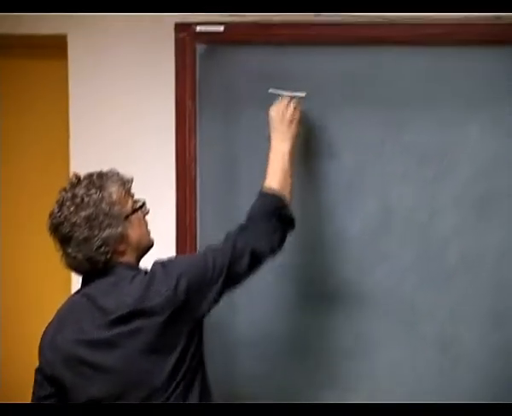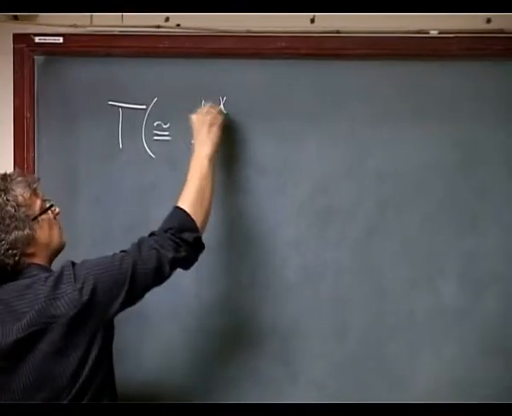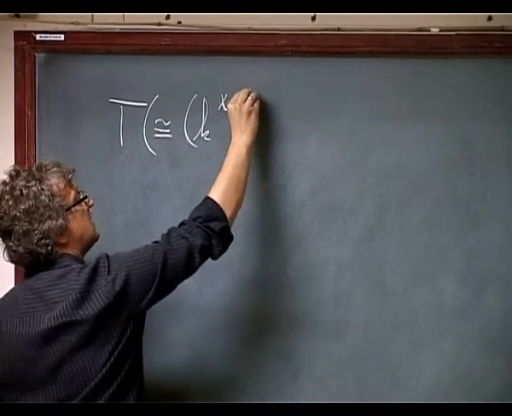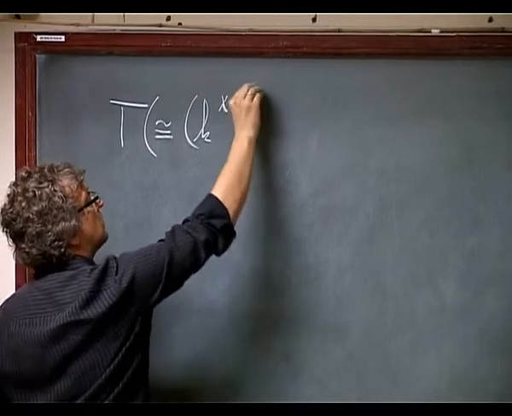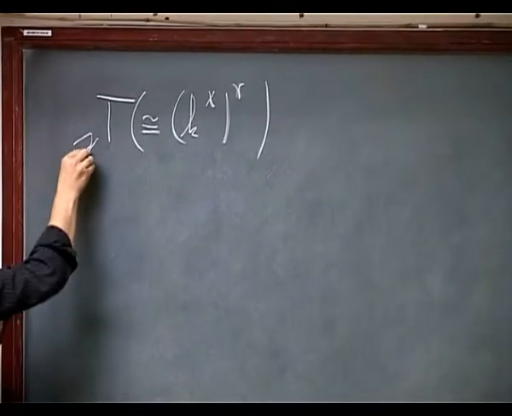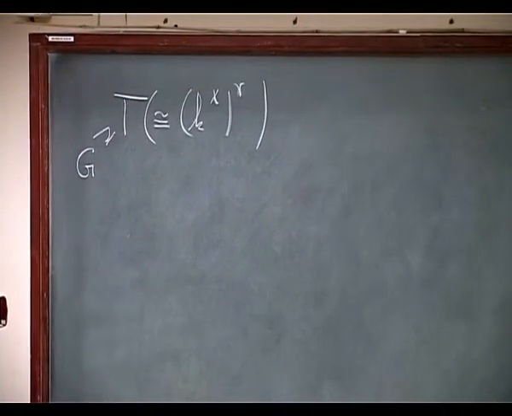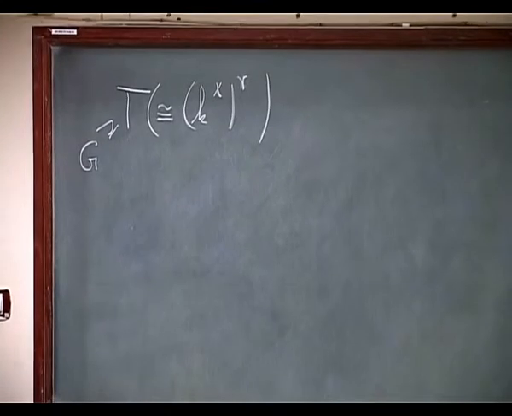So T, this maximal torus, we call it isomorphic to the multiplicative group of your ground field to the r. This is a group we have chosen from the beginning inside G. It has some maximality property.